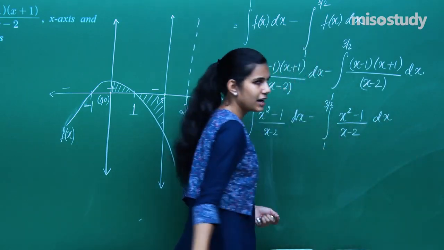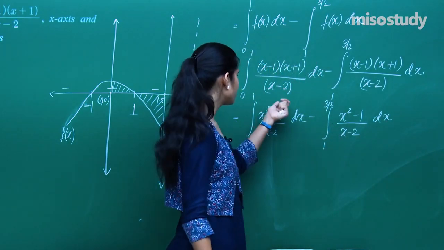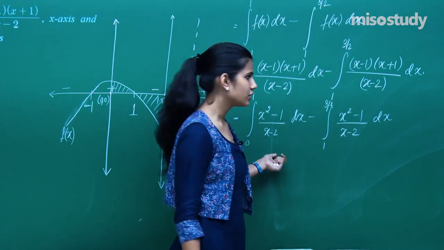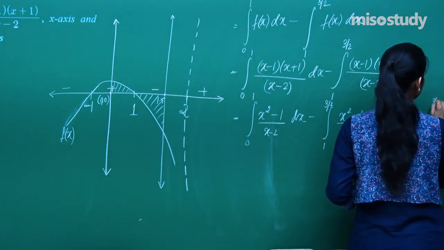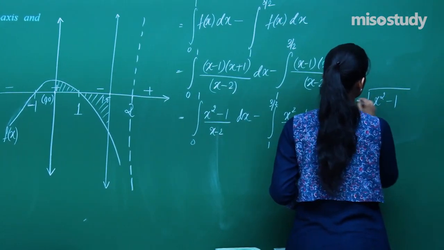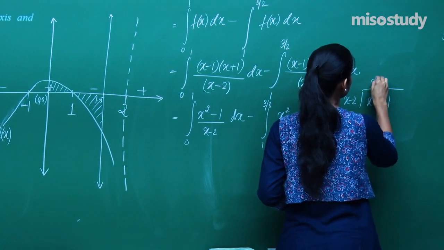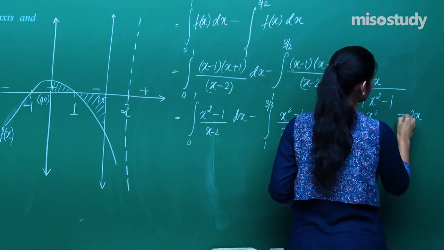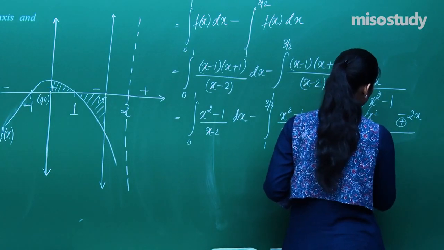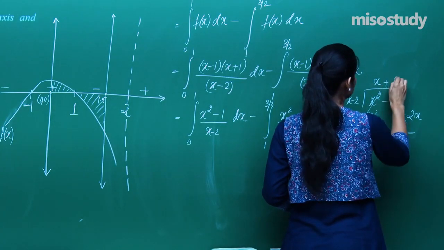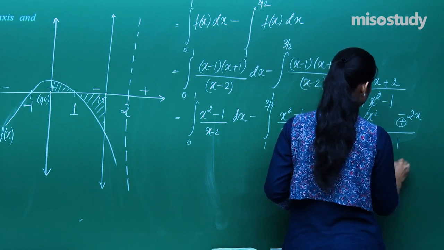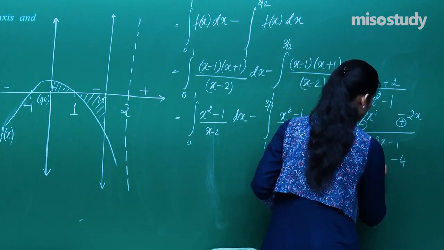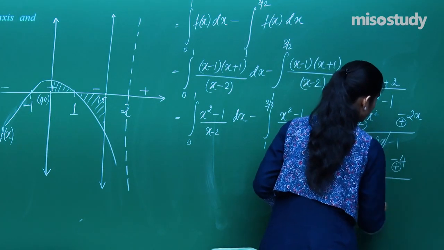Now it's pretty simple how you move to the next step. Because the degree of the numerator is greater than the degree of the denominator. So when you divide x square minus 1 with x minus 2, you get here x square, here minus 2x. This is minus, this is plus. You get 2x minus 1. This is plus 2, so this is 2x minus 4. This is minus, this is plus. This is 3.